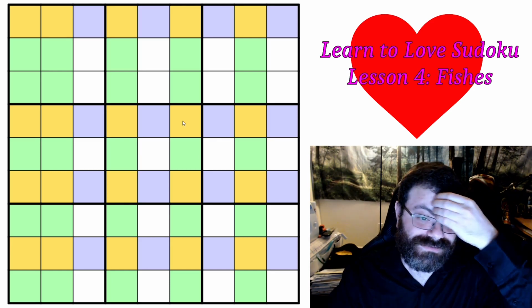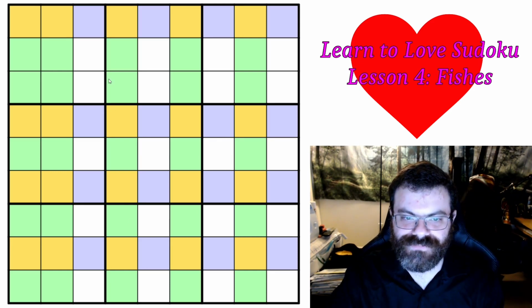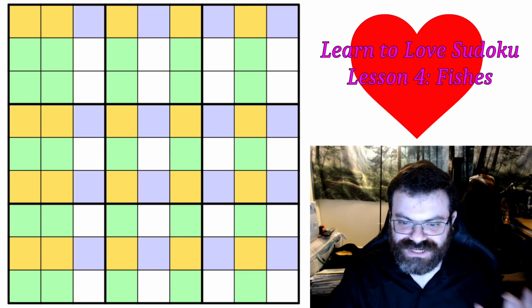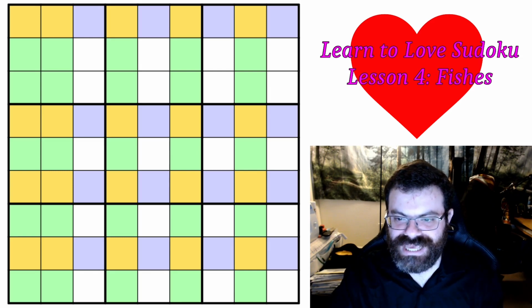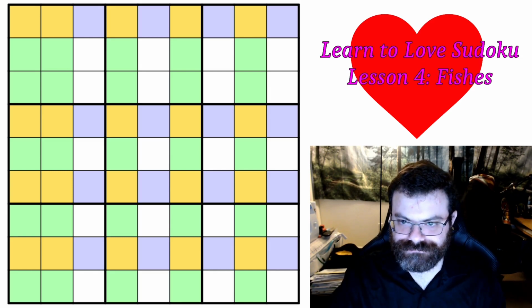And I'm sorry if that's difficult to explain. That's why I tried to make this visual here. So if the green cells are a 5-fish on rows, then the blue cells must be a jellyfish on columns.